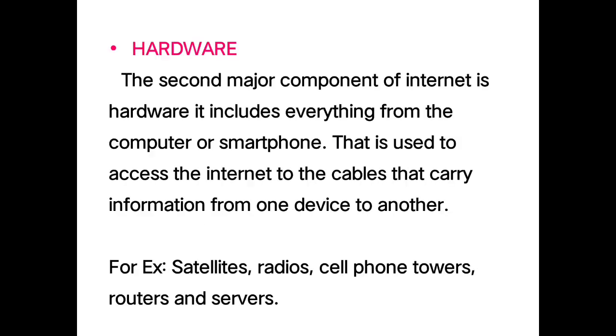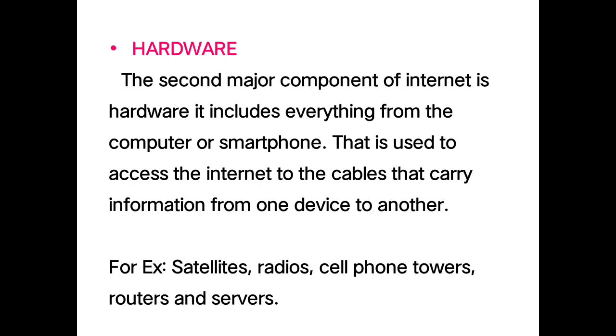Then the second major component of internet is hardware. It includes everything from the computer or smartphone that is used to access the internet to the cables that carry information from one device to another. For example, satellites, radios, cell phone towers, routers, and servers.